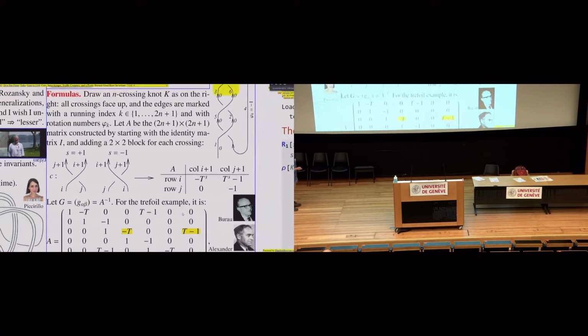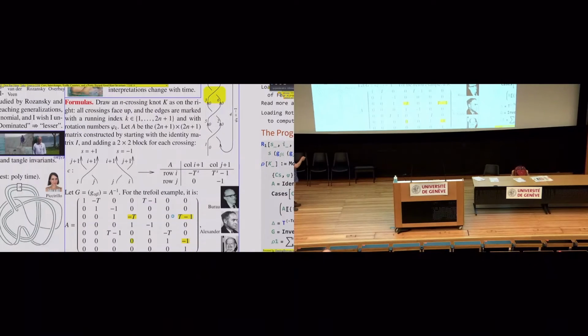So for example, for the trefoil as shown up there, I've marked in yellow one of the crossings. This is a crossing between 3 and 6. So in rows 3 and 6 and at columns 4 and 7, I've added a copy of this block.